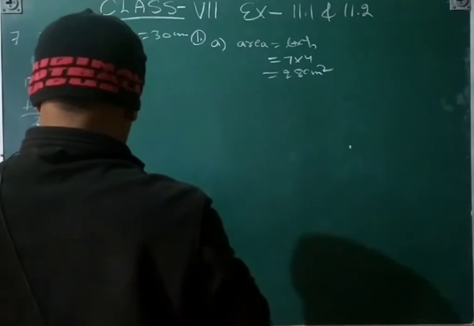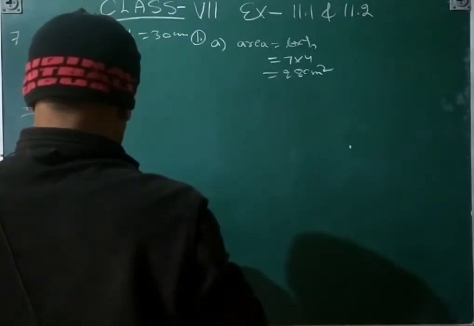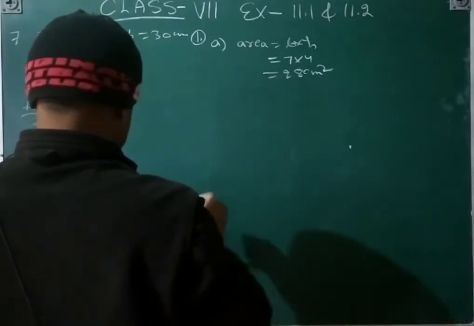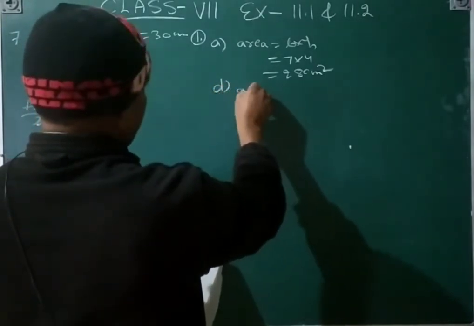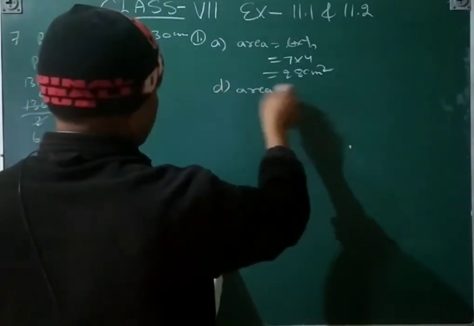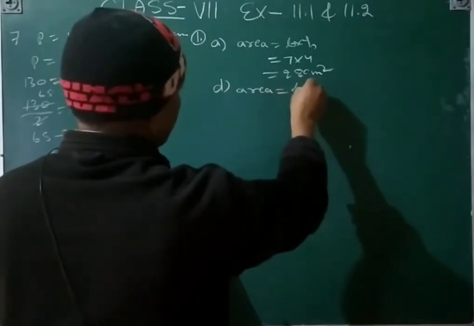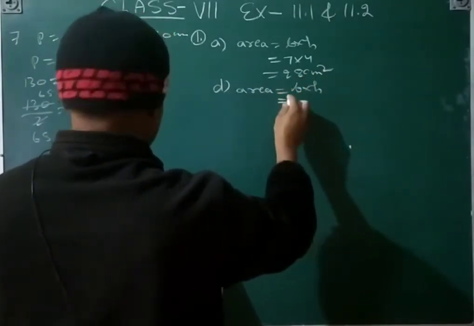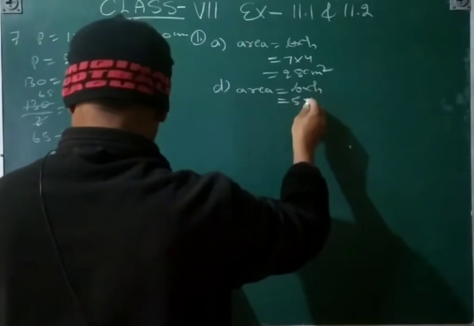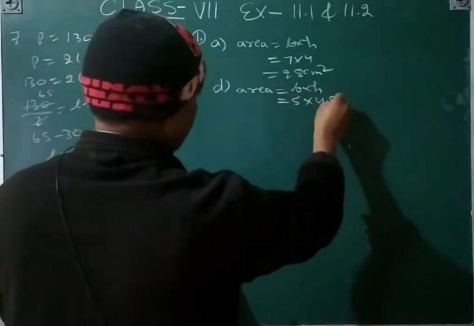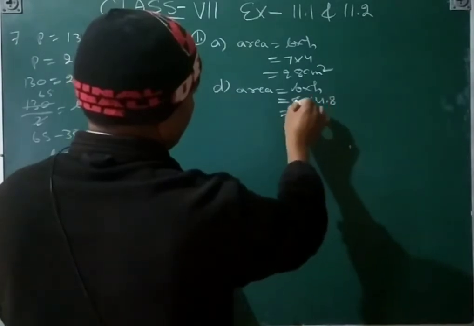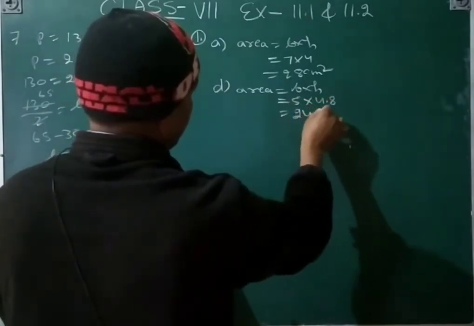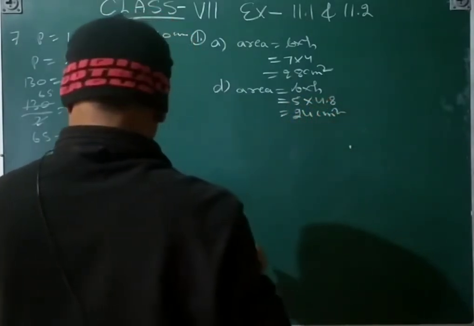Similarly you can do the B part, and then see the D part. Area of parallelogram is equal to base into height. The base is given here 5 and the height is 4.8, so 24 centimeter square.